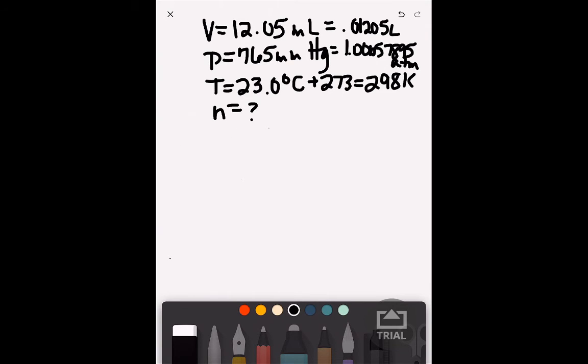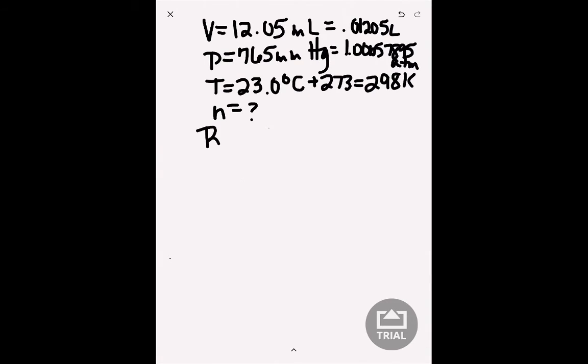And so our R that we're going to use is 0.0821 liter atmosphere over mole Kelvin. Okay?